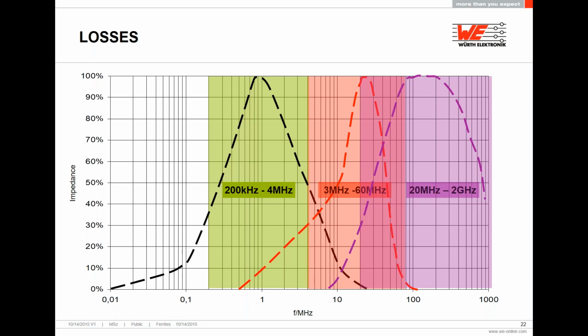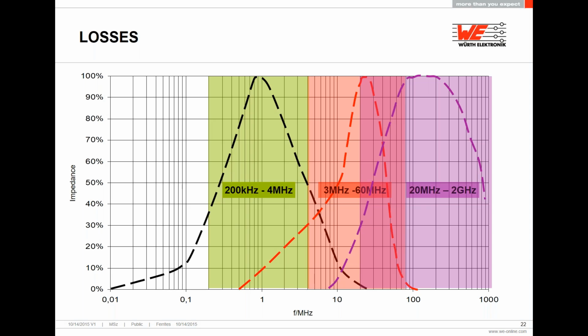There are 3 typical materials that we can find for these applications. First of all, we have iron powder, which is the yellow portion of this graph. This is typically used for lower frequencies for noise attenuation because it has the highest core losses at frequencies between 200 kilohertz to 4 megahertz.